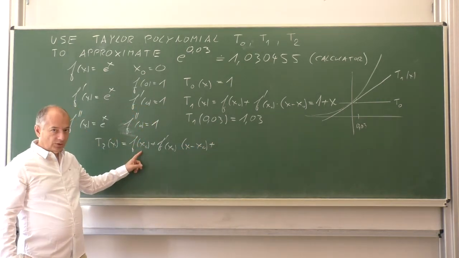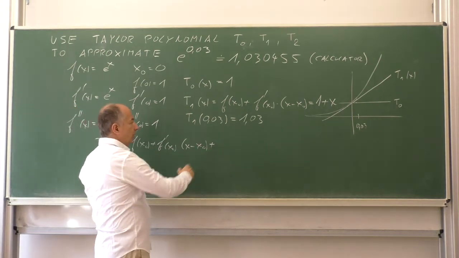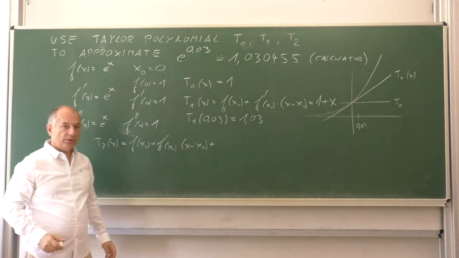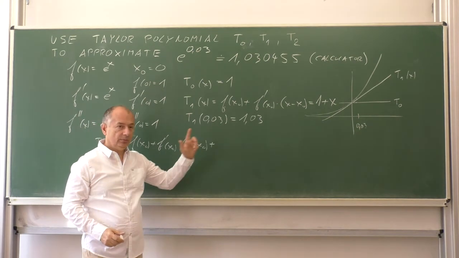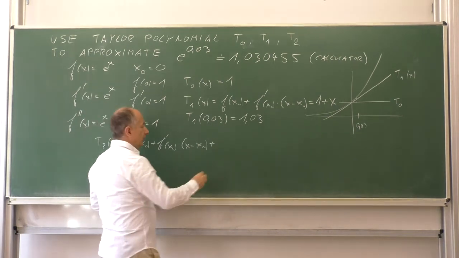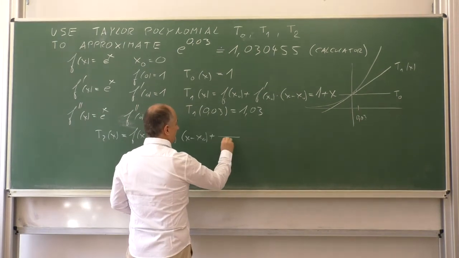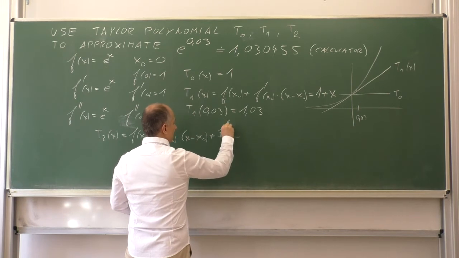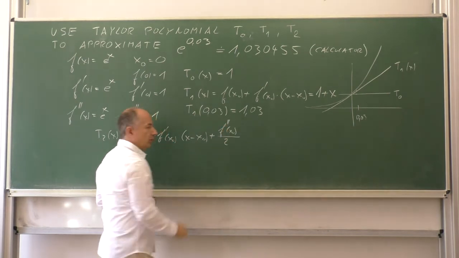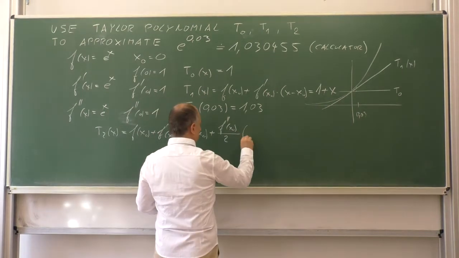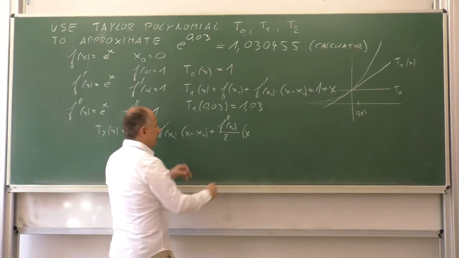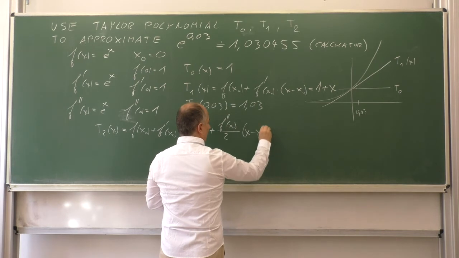That was the T1. These two terms make up the first order approximation, and now the quadratic term is in the form of 1/2 of the second derivative at the point x0 times this bracket x minus x0 squared.